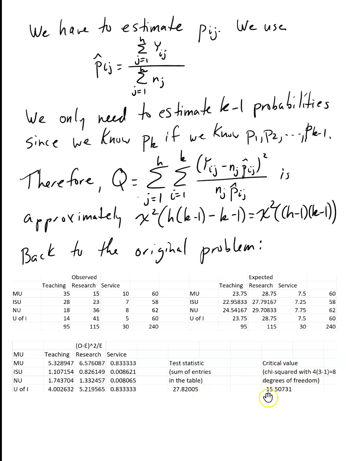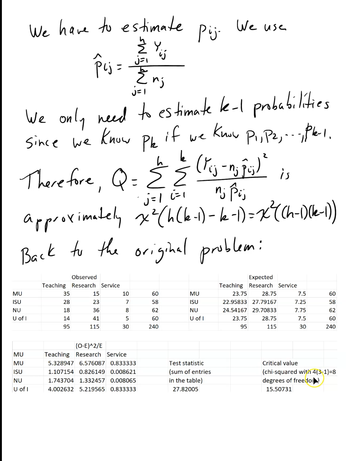We want to check that against a critical value. Well, again, we said this is chi-squared on h minus 1 times k minus 1. I've got the wrong chi-squared value here. I apologize. This should be 4 minus 1, because that was the number of groups, times 3 minus 1 for the number of categories.